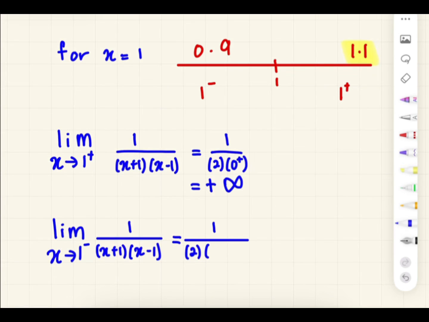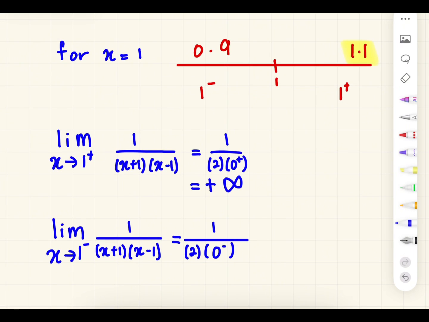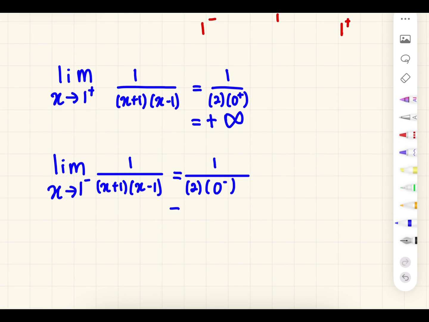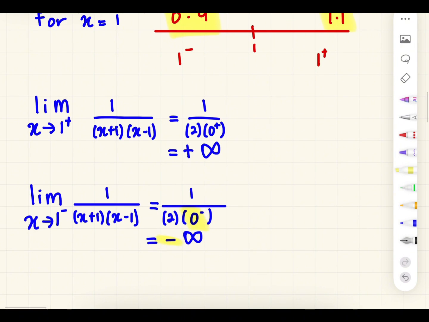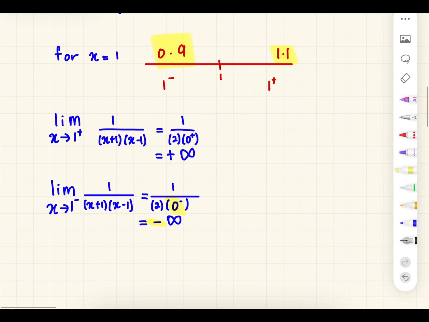And for x minus 1, from the left, if we substitute 1, we will get 0. But it is 0 from the left, so we can use a value from the left, let's say 0.9. So 0.9 minus 1, we will get a negative value. So that will be 0 from the left. Okay, we have finished for x approaching 1.